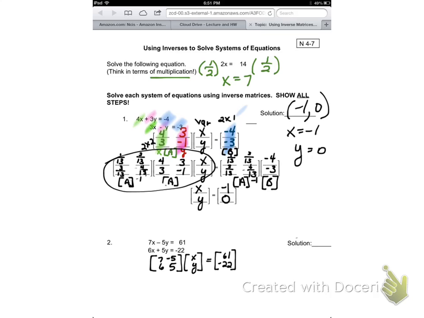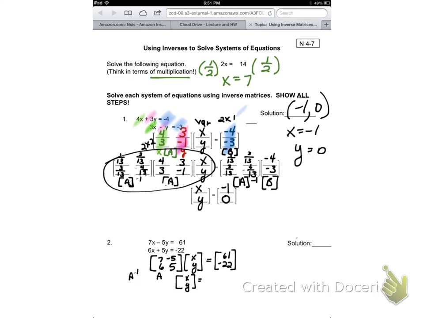Okay. Now you need to find the inverse. We learned that when we multiply the inverse that we're going to find here times A times the XY matrix, you just end up with XY. So I'm okay if that's all you put on your second line on the left side of the equal sign is the XY.